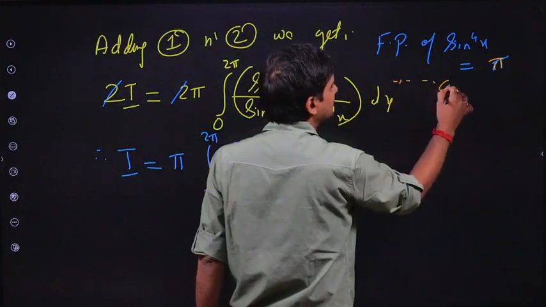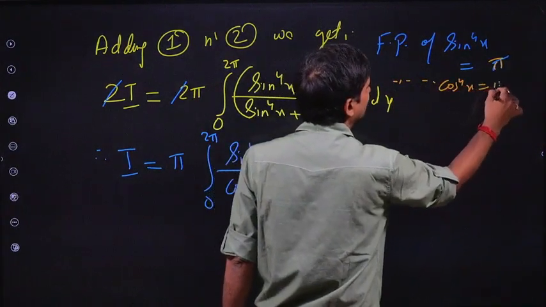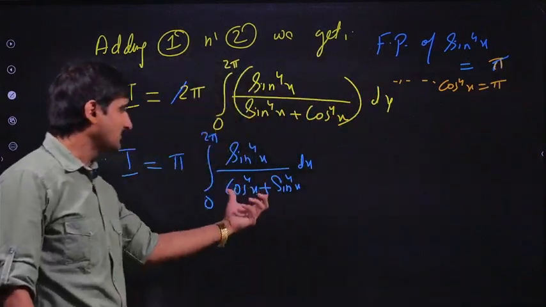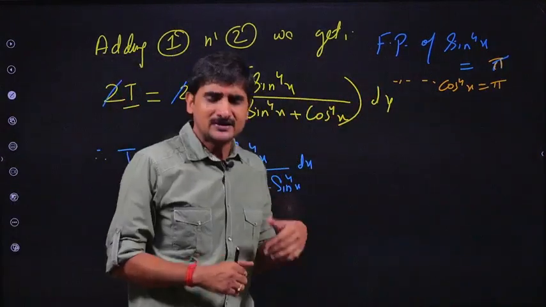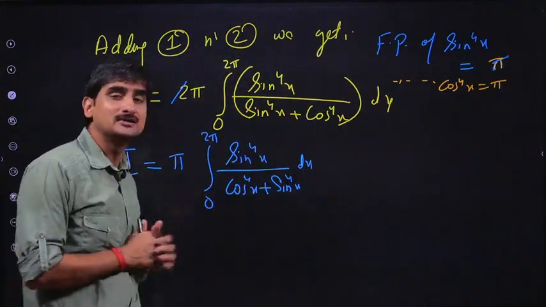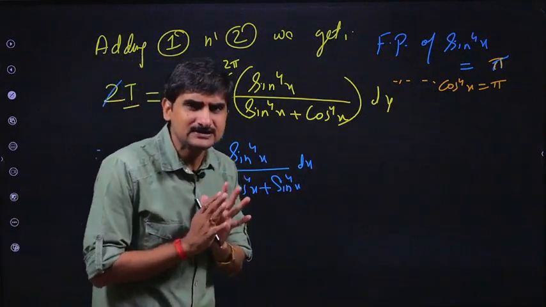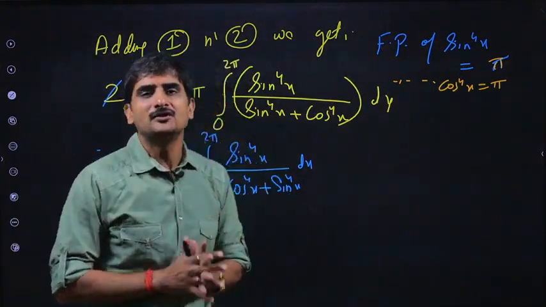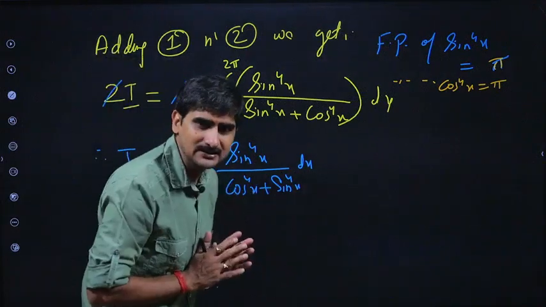Similarly, the fundamental period of cos raised to the power 4 is also pi. So the period of their combination in the denominator, and in the numerator also, is pi. We can safely say that the period of this function is pi here.